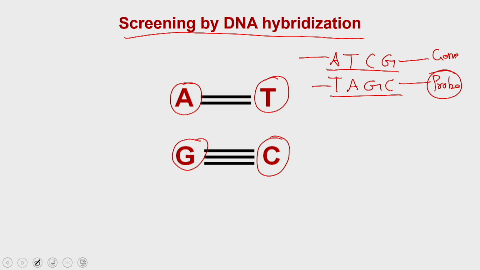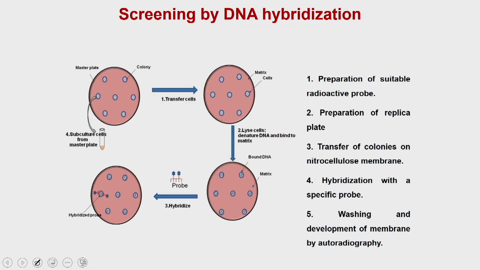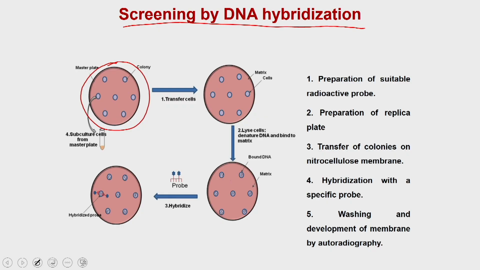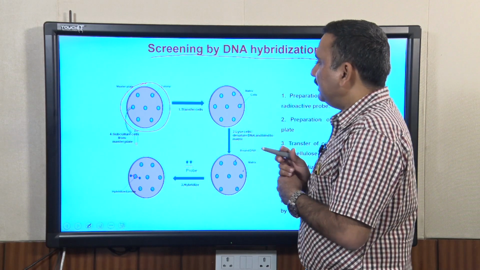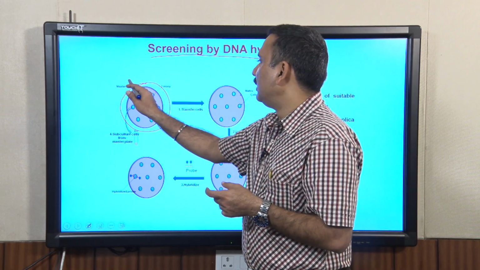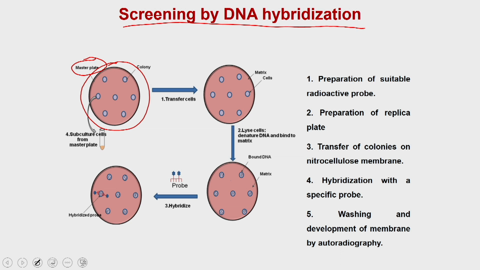Let us see how you can do this in a more elaborate way. The screening by DNA hybridization is a multi-step process, where first you have to take the genomic library or the cDNA library. Either way, it is going to have different colonies on the plate, and this original plate which contains the genomic or the cDNA library is labeled as the master plate or the original plate.